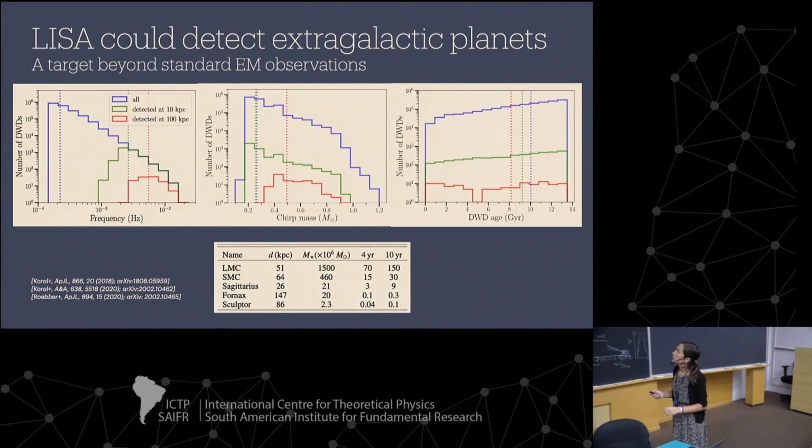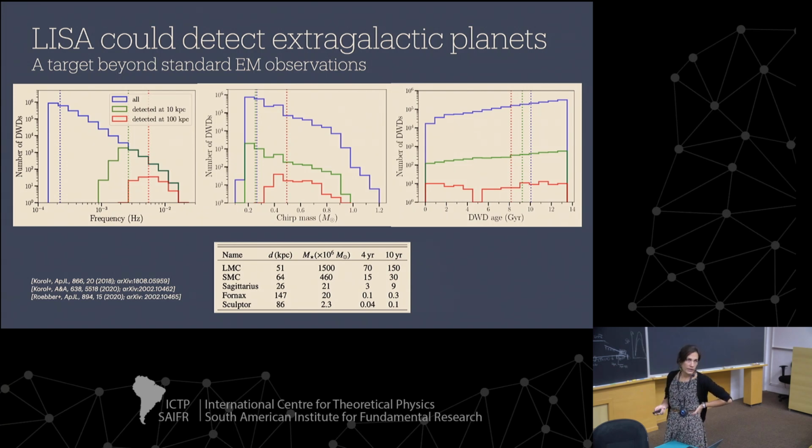And these are the histograms, indeed, for the number of detections as a function of the different distances. So all at 10 kiloparsec and 100 kiloparsec, also for the chirp mass and the age. Obviously, the further you go, the fewer detections you have.